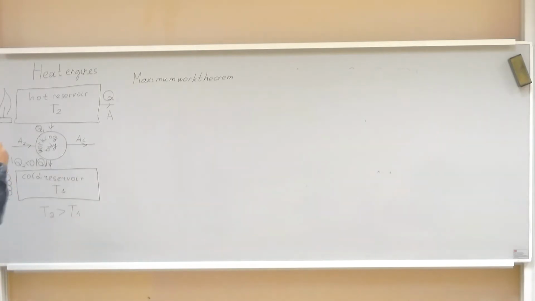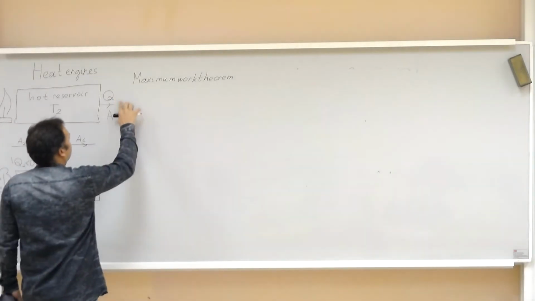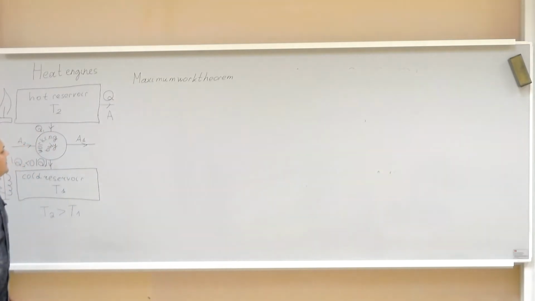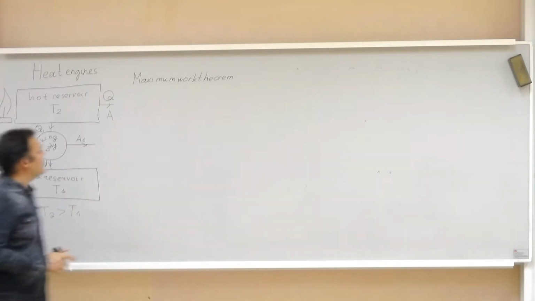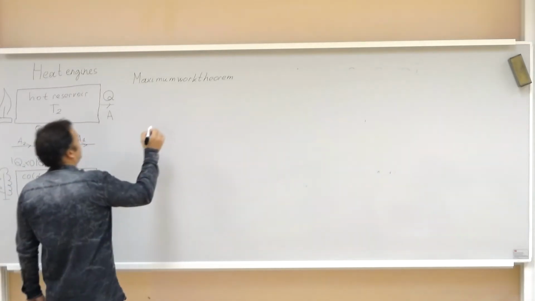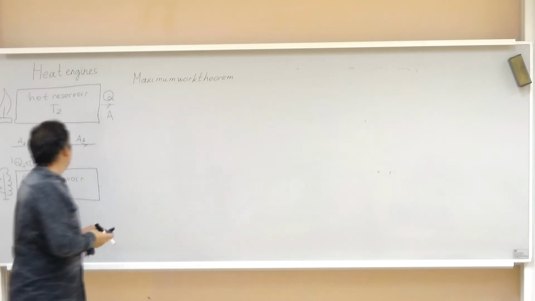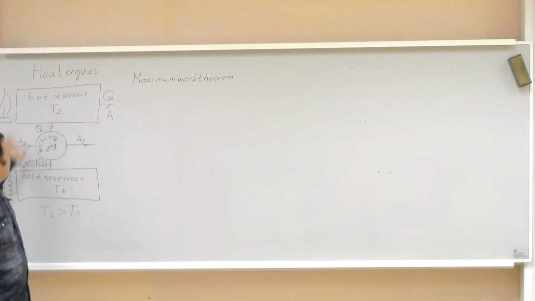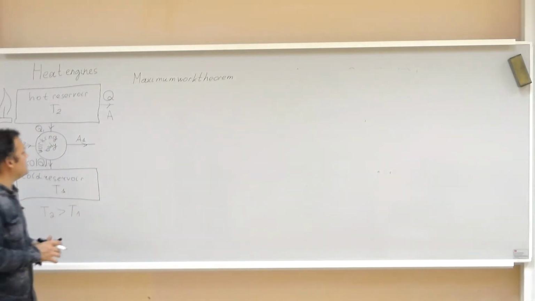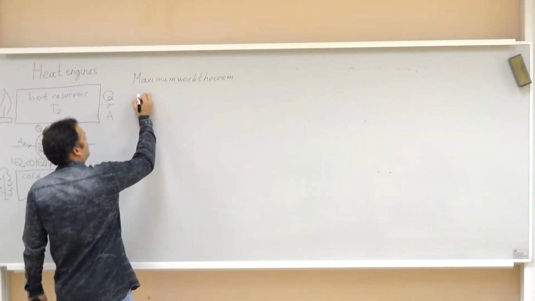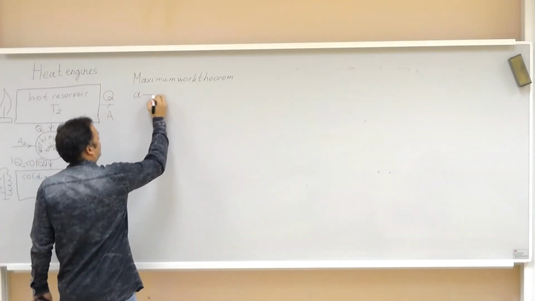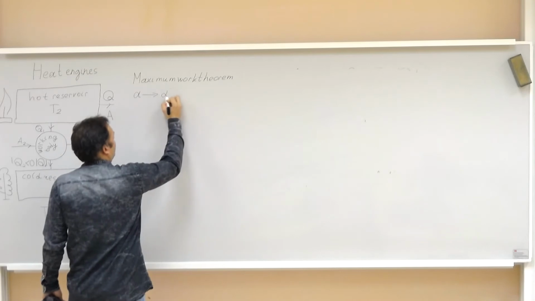Let us assume that our system, it could be a working body or some other system, goes from the state alpha to the state alpha prime.